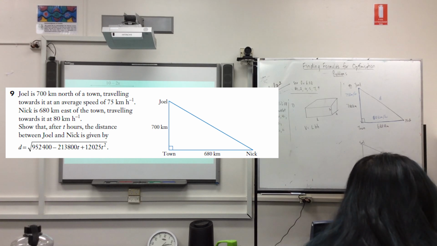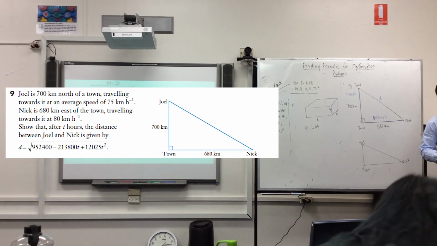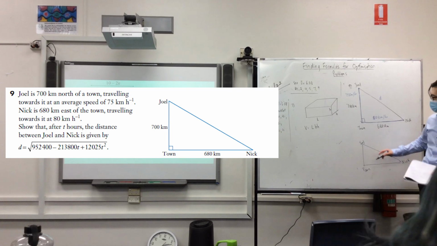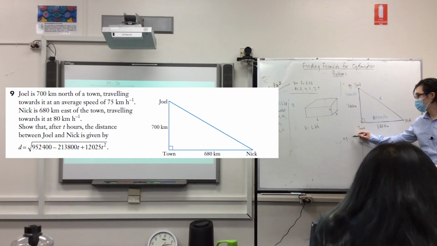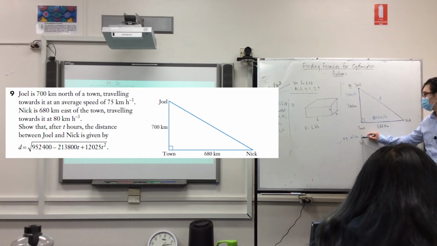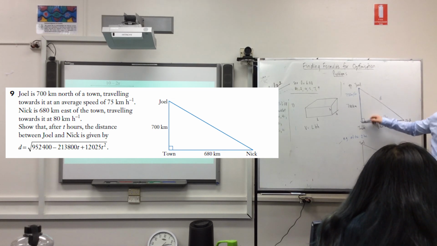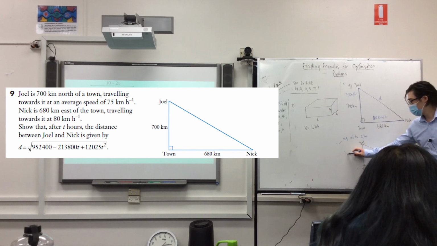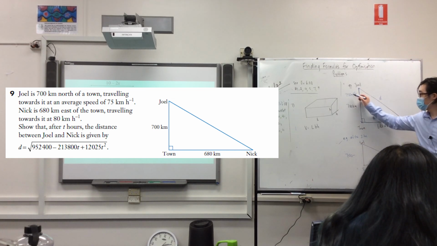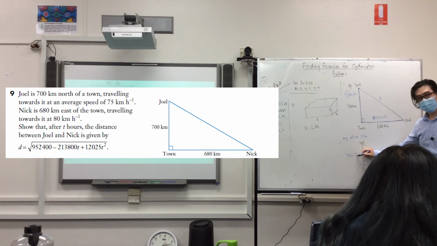So, the way to do this, you've got to actually understand what's happening. Girls, let's say, for example, after 2 hours, how far will Joe be from the town? How would you calculate if it was after 2 hours? I'm just dealing with numbers here.